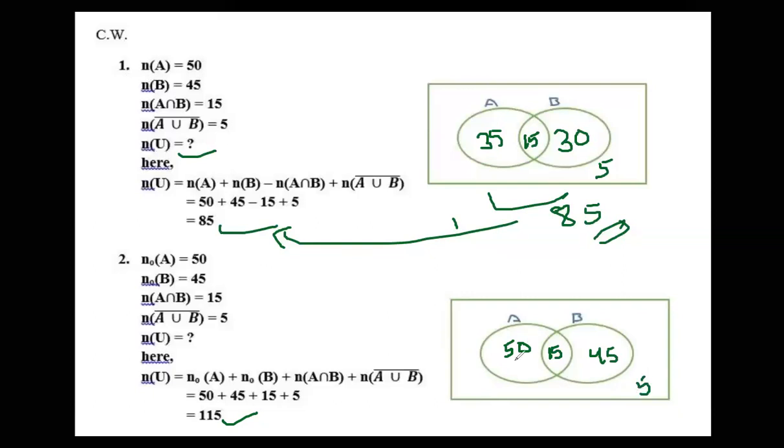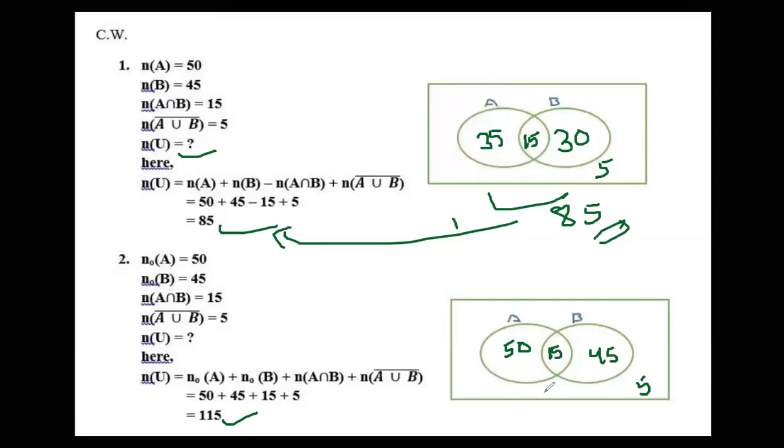So add the numbers. So 45 plus 15, 60. 60 plus 50 is going to be 110, 110 plus 5, 115.